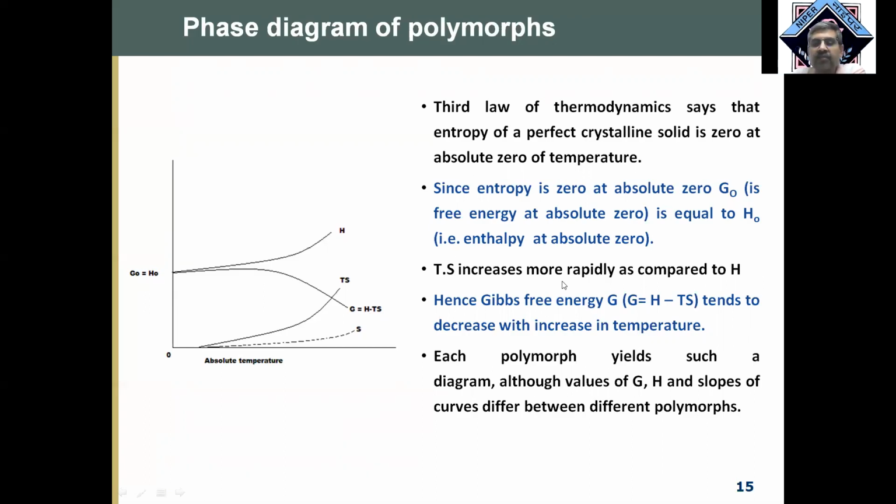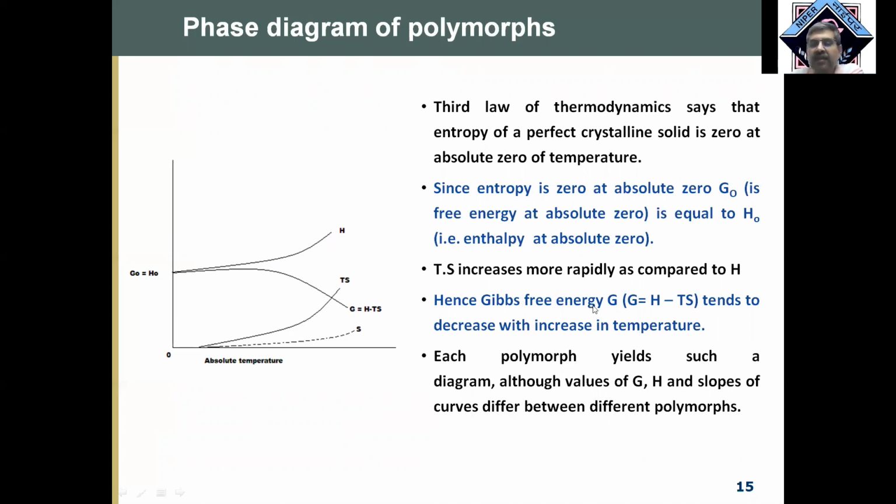TS increases more rapidly as compared to H. Here this is shown in this picture. So the curvature in the TS is more because it is getting multiplied by the temperature term. And this is the increase in the enthalpy against the absolute temperature. Here the curvature is less as compared to the TS.